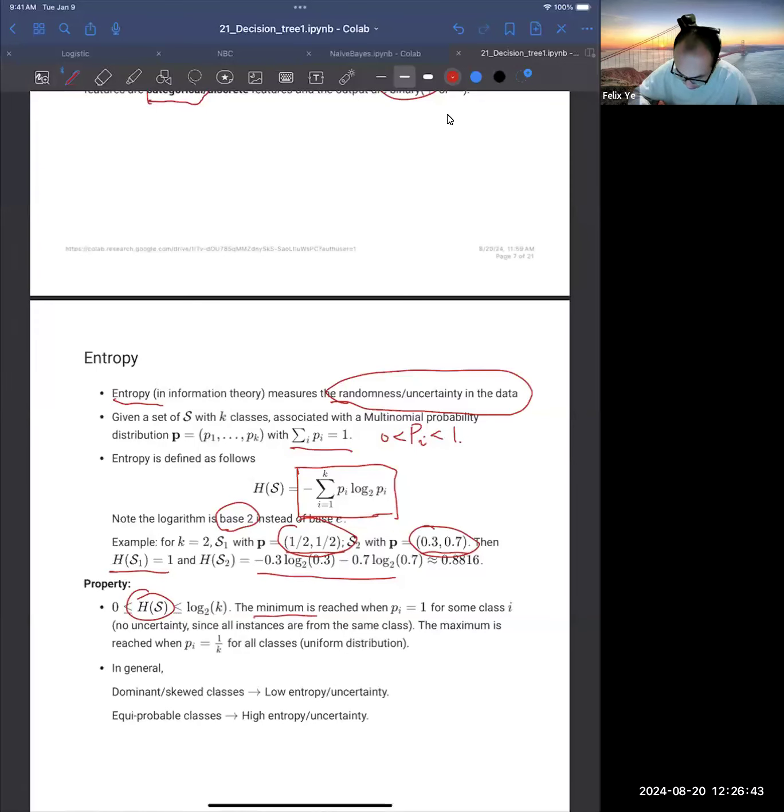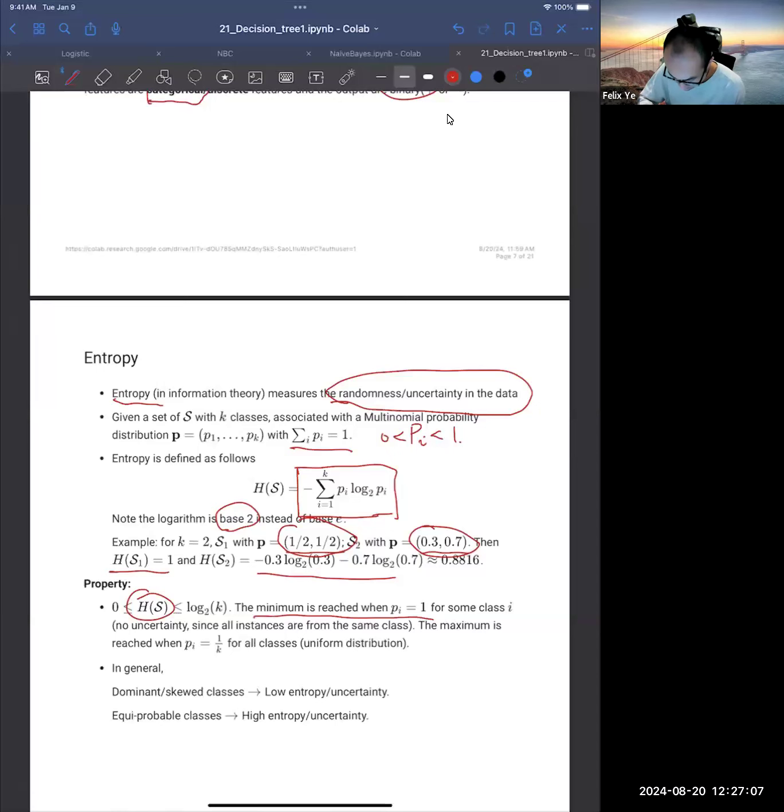The minimum is reached when one of the Pi is equal to 1, meaning there is no uncertainty and all instances come from the same class.